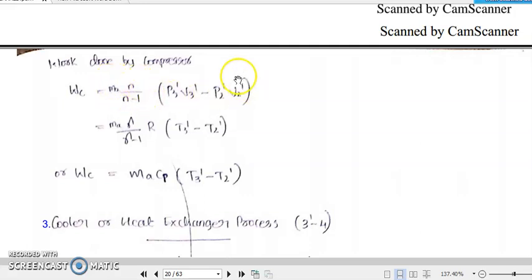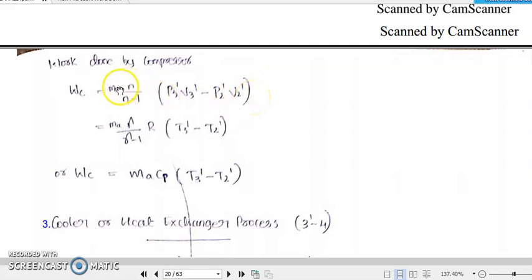This is a general expression: m into n by n minus 1 into the pressure volume work done by the compressor, or change in the pressure volume energy of the air. So the pressure volume change happening here is P3'V3' minus P2'V2'.